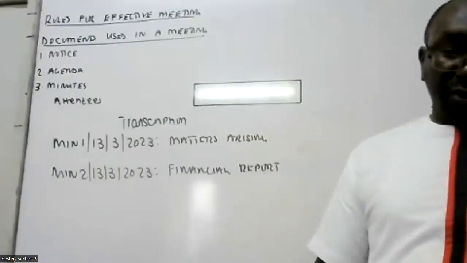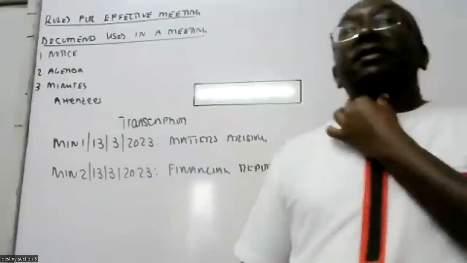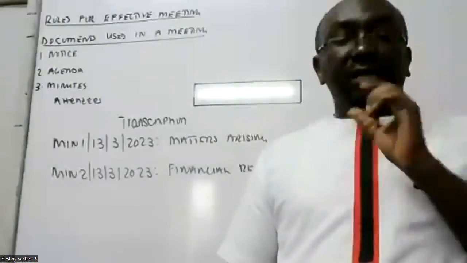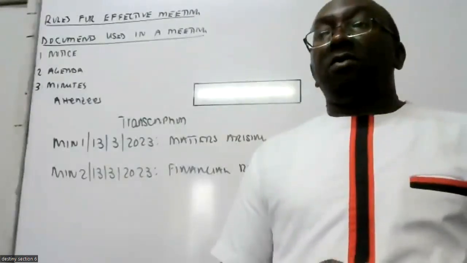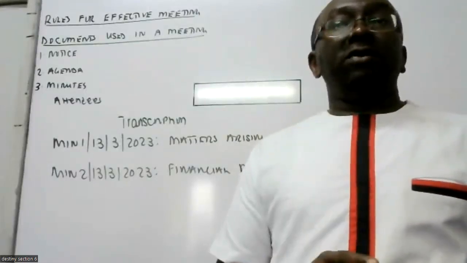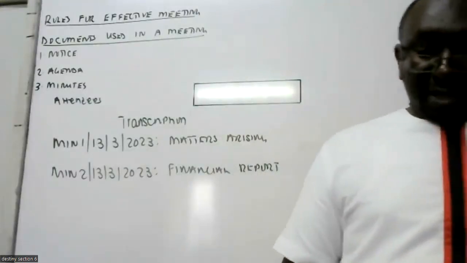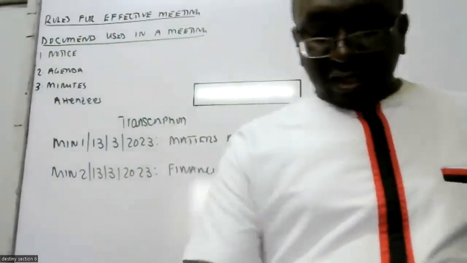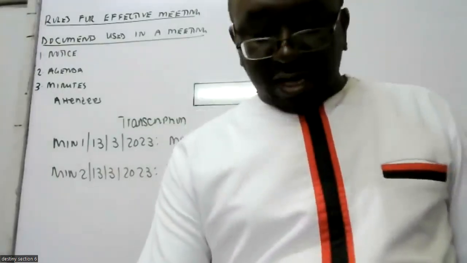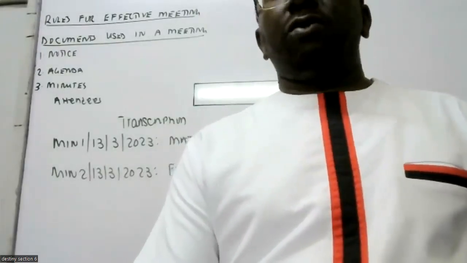Actually, when the minutes are being read, when we are asking for someone to propose and to second, they will check whether the minutes were accurate. And if there were errors, maybe you captured the name wrongly, the date or whatever, they will be proposed to be rectified. Now, these minutes that we write should show the name of the company. They should be numbered. They should show us the date, the time, the venue where the meeting was held.